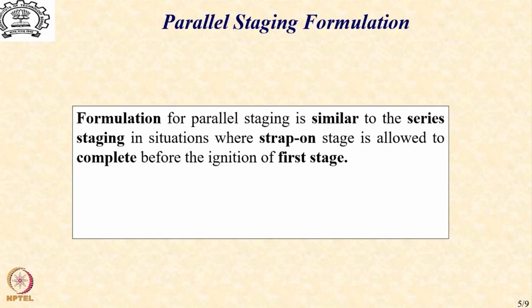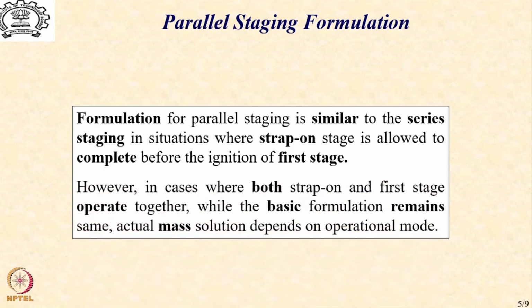So if we finish all the strap-on stages before the first stage is started, then it is like any other serial rocket, and the same relations that we have seen earlier hold good. Of course, when both the strap-on stage and the first stage operate together, then there is a small change in the formulation that we need to look at.